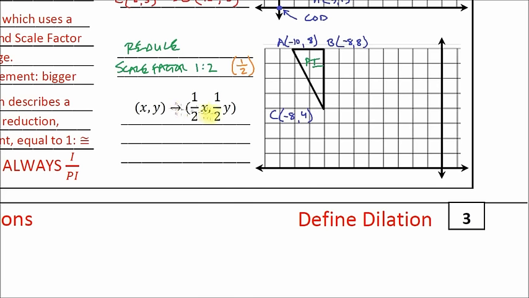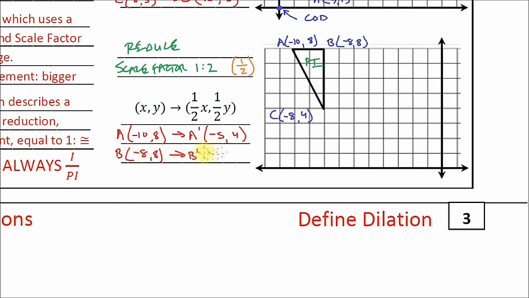Let's transform them with this transformation notation. So A started off as -10, 8. And now what we're doing is for A prime, we're taking half of these numbers. 1/2 times that number. 1/2 of -10 is -5. 1/2 of 8 is 4. Let's take B. B used to be at -8, 8.